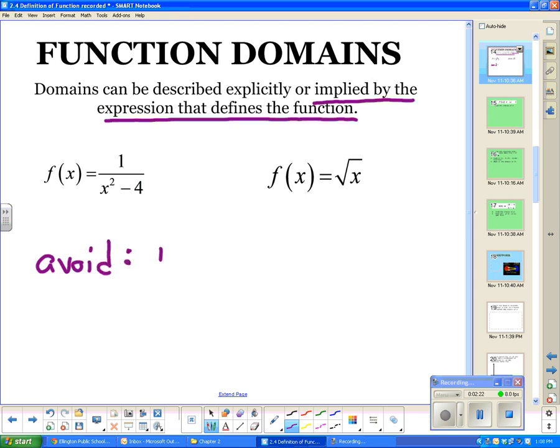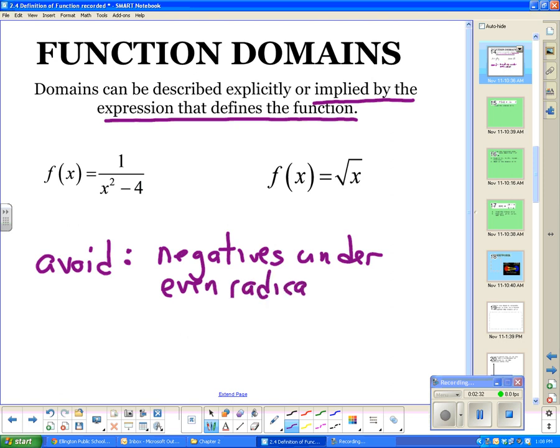First one being negative values under what we might call even radicals. In algebra 2, you would say that we want to avoid negatives under square roots. But now that we've studied roots of other indices, things like 4th roots, 6th roots, 8th roots would be even radicals, because those would put us into the imaginary numbers. And we just don't want to deal with that stuff for the most part.